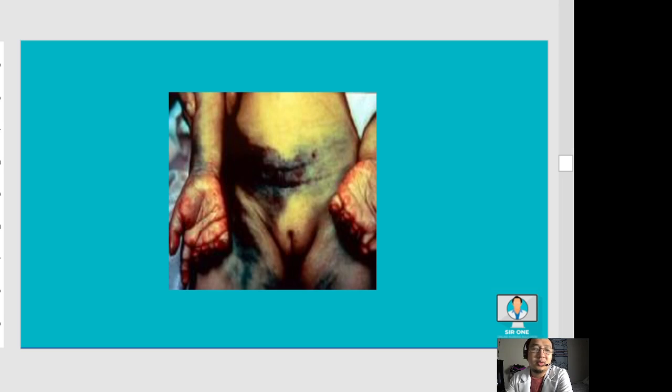Okay, this is a graphic one, but I'm trying to show you the sign of internal bleeding that can be manifested through an ecchymotic picture.